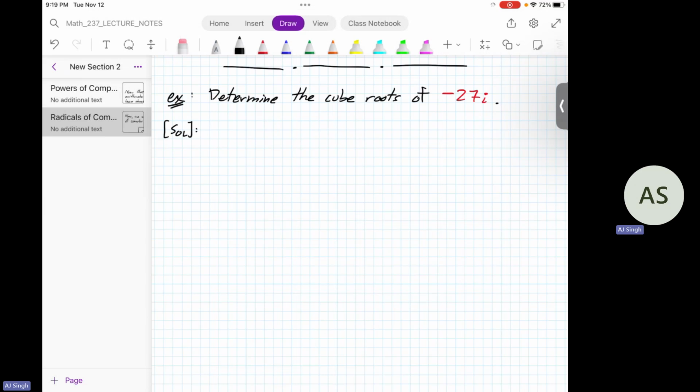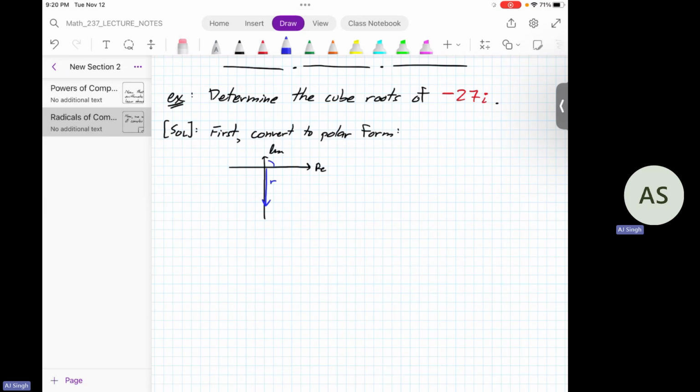First, we convert to polar form. And we know how to do that. Draw the picture. And negative 27 is straight down like that.